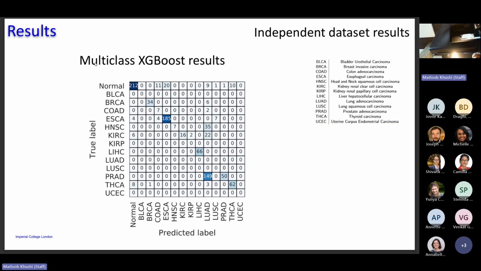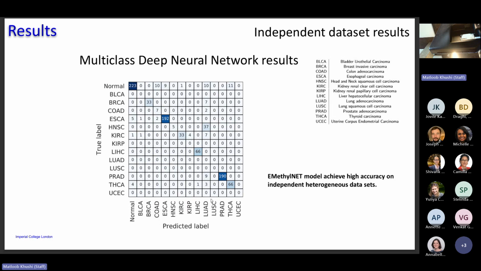The multi-class XGBoost, again, didn't do that well. There were misclassifications, and some of this is due to things like head and neck cancer, which is usually a metastatic cancer type. And so the actual tumors can derive from lung and other tissues. And so because they had the methylation patterns associated with the tissue of origin, they basically got classified under those tissues.